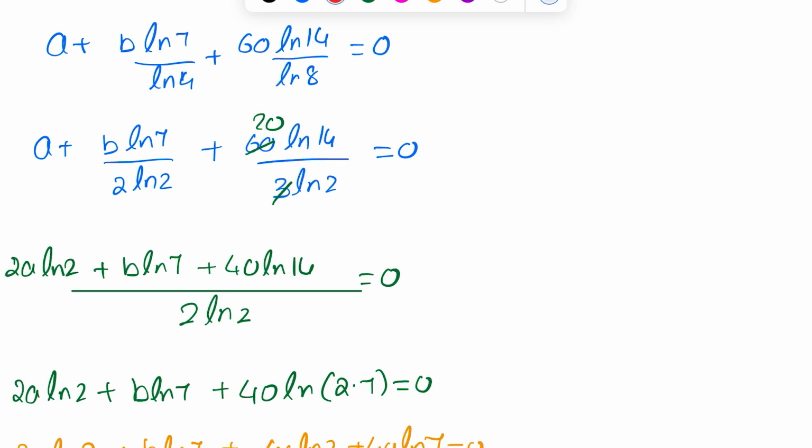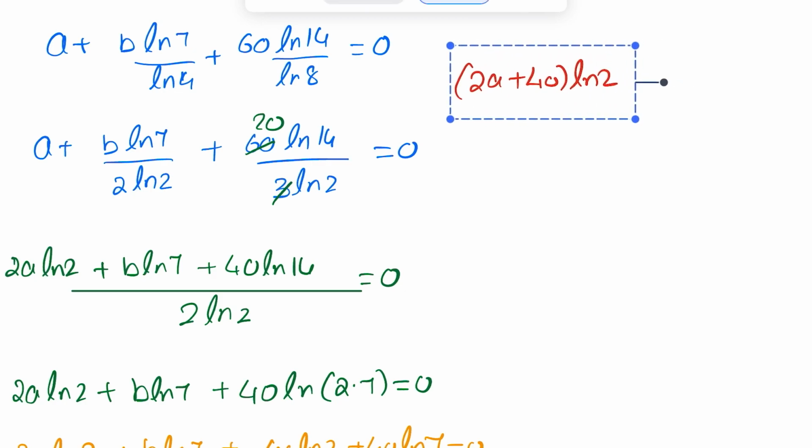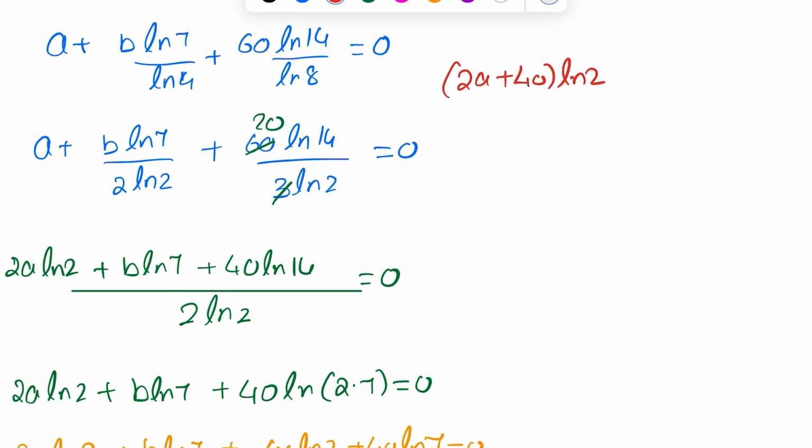Grouping the like terms. So ln 2 common means it becomes 2a plus 40 ln 2. Similarly, ln 7 common, it becomes b plus 40 ln 7 equals 0.